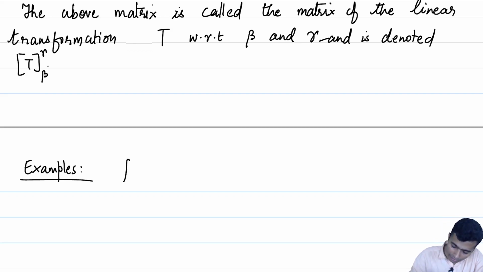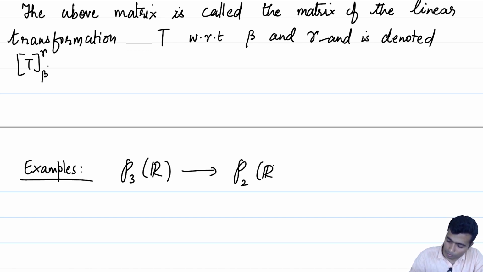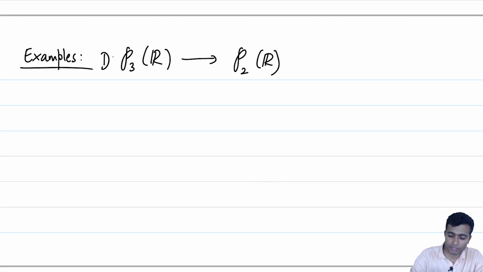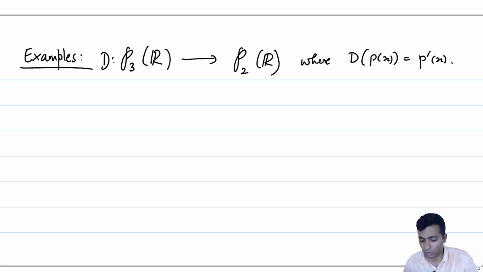One example which I would like to pick and show is the differentiation operator, which is from P3 of R to P2 of R. Let D be the linear transformation where D of p of x is equal to p prime of x. So what do we know about P3 of R and P2 of R? We know that P3 of R is 4-dimensional, P2 of R is 3-dimensional. We also have at least the knowledge of one coordinate basis here.